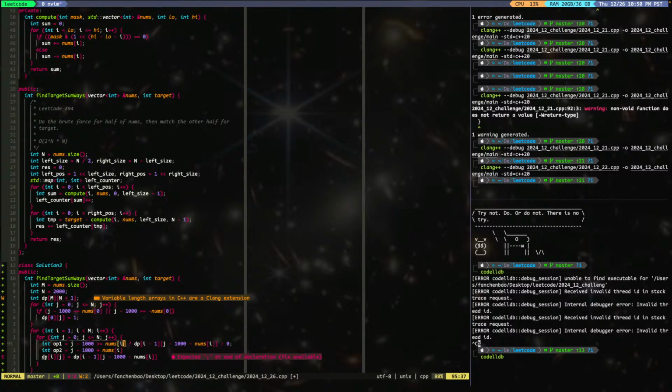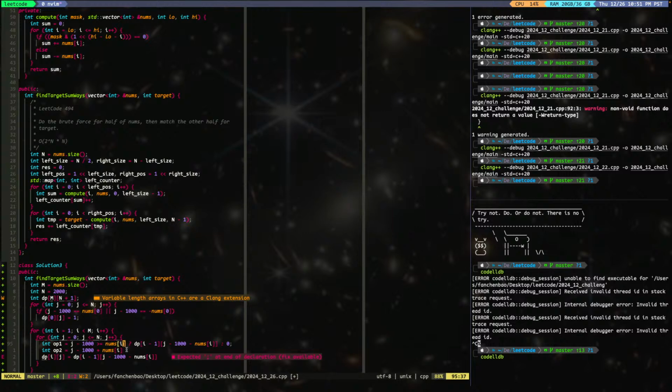And it has to be smaller or equal to n. Smaller or equal to 2000. Yeah, I think it's the first one. The second one, smaller equal to; the first one, larger equal to 0.